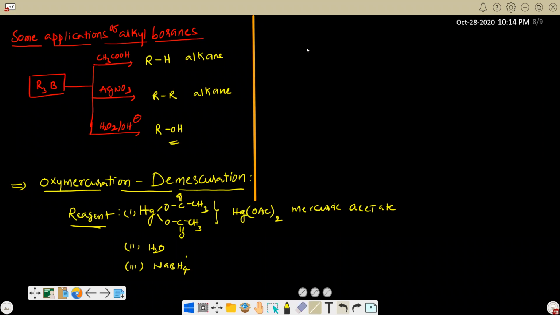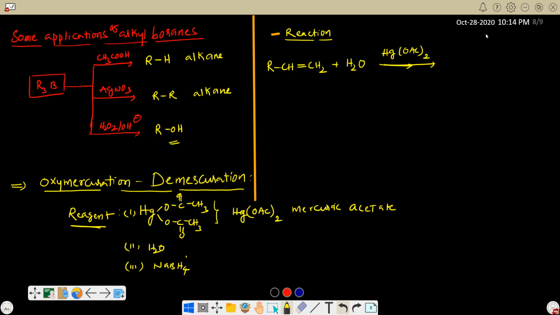See the reaction. So reaction is: if you take R CH double bond CH2 plus H2O, Hg(OAc) taken twice, NaBH4.